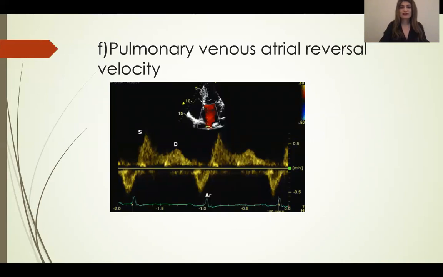Pulmonary venous velocity can be used when we place the pulse wave sample volume 1 to 2 centimeters superior to the left atrium inside the pulmonary veins. We can see those traces. The S velocity corresponds to the reservoir function of the left atrium, and the D velocity corresponds to the conduit function of the left atrium.